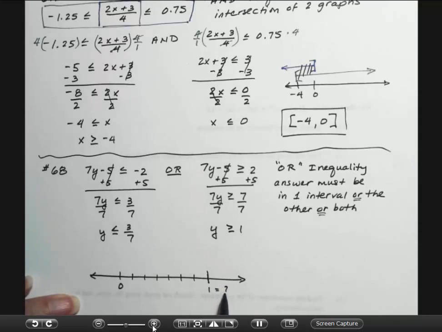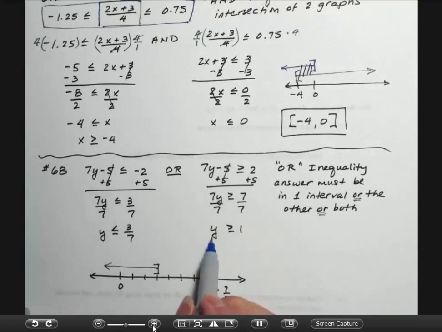That makes my graph a little easier to do. If I'm graphing y is less than or equal to 3/7, so 1, 2, 3/7 is right here. So that is y less than or equal to 3/7, or y is greater than or equal to 1. And this is a typical OR graph.